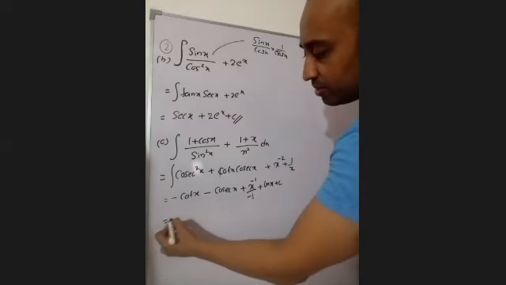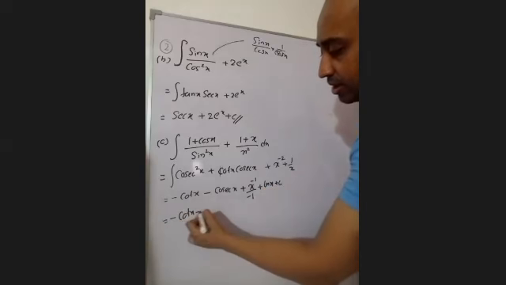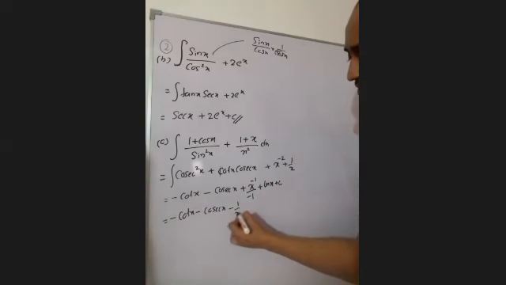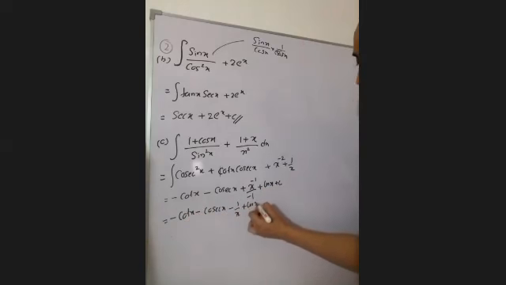So you can do this integration: minus cot x minus cosec x minus 1 over x plus ln x plus c is the final answer for this. That's the way of getting this answer.